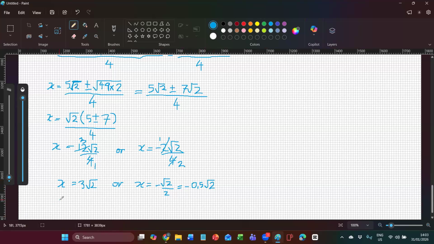We can now say the two brackets that we have are x minus 3 surd 2, if you take that 3 surd 2 over to the left-hand side.